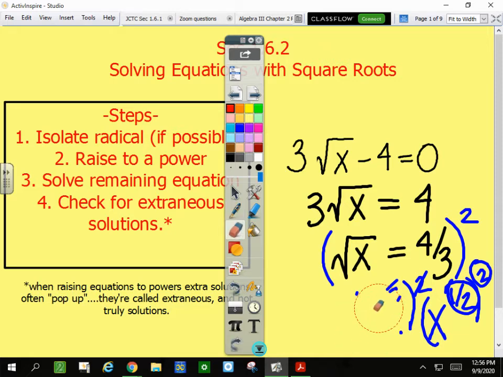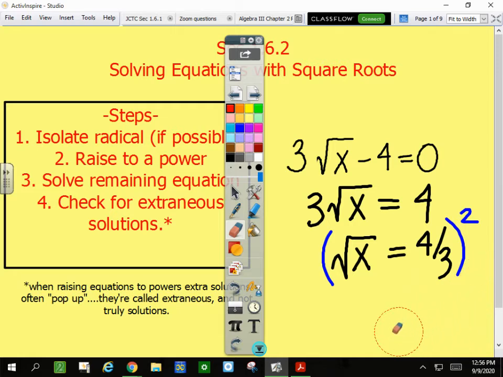So again, squaring a square root, those are inverse operations that would cancel out the radical, and we would have x isolated. So then we need to square the right side. Please do not use a decimal. This is so easy to do, you simply square the numerator, square the denominator, reduce if possible, but this one doesn't. So we'd have 16/9.